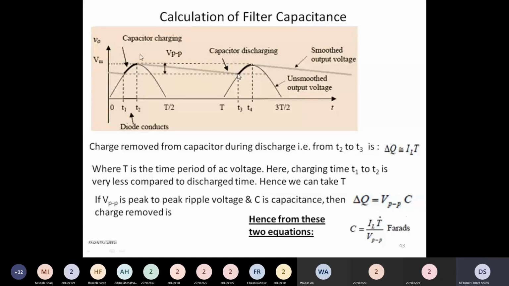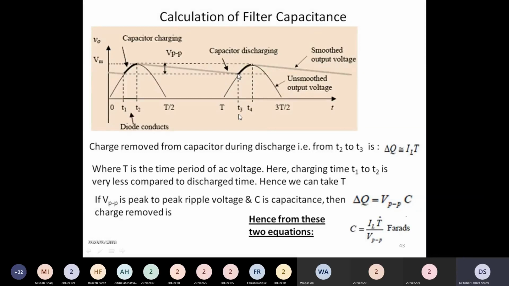And when the capacitor serves the current, it loses its own charge, and therefore it loses its own voltage. Therefore, we see a decrement in the output voltage, and this is the time when the capacitor is discharging up to time t3.